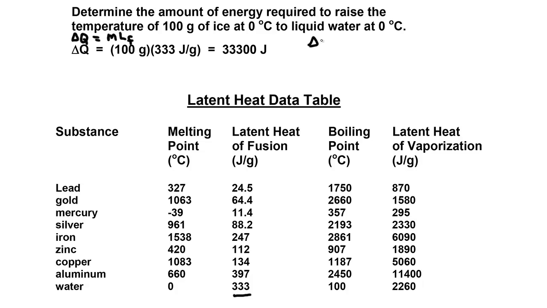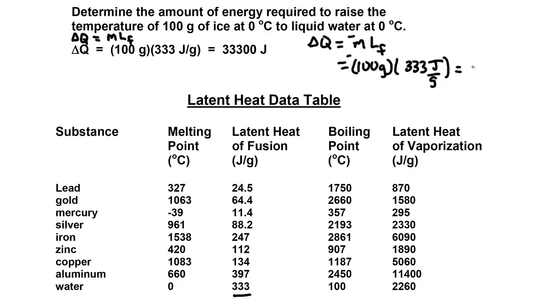Now, if we were to start out at 0 degrees Celsius liquid water and want to convert it to ice, that delta Q would be m L sub F, but it would be negative because we are removing energy. So we would put that 100 grams and that 333 joules per gram and do it exactly the same, but we'd have to put that negative sign because we're removing energy.